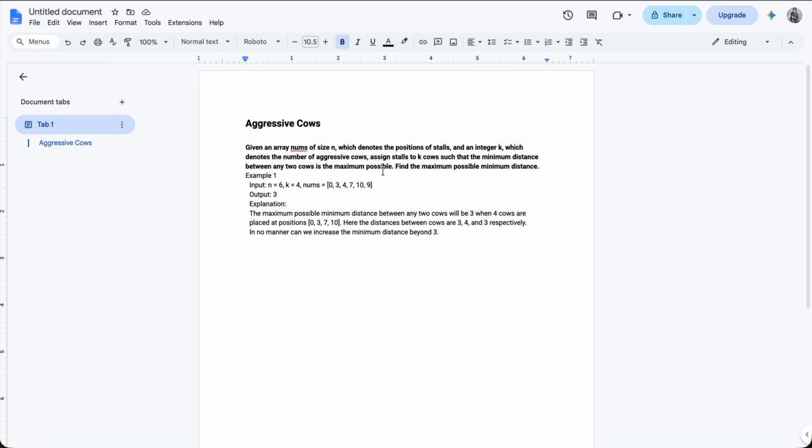So we have to find the maximum possible minimum distance by placing all these four cows over these stalls.